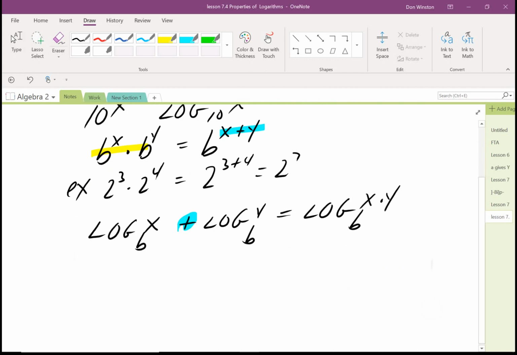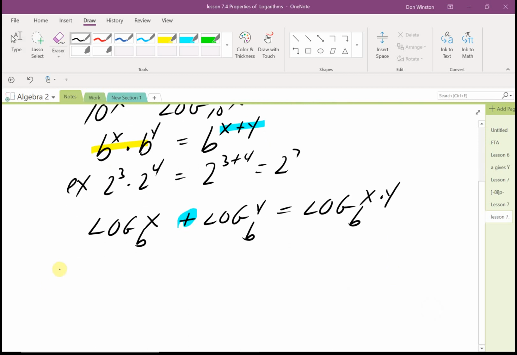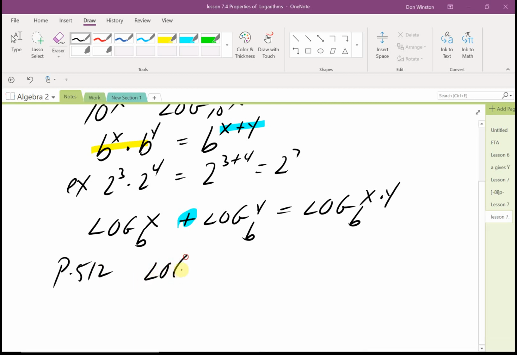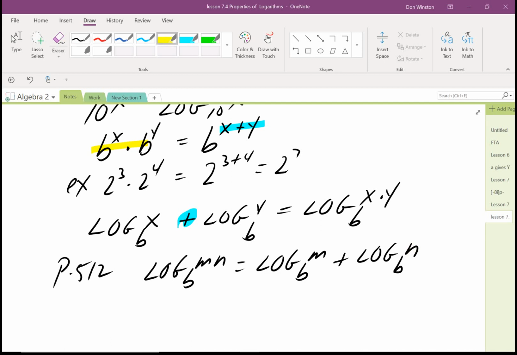Okay? So we have this property, which is on page 5112, and it says that log base b of m times n is equal to log base b of m plus log base b of n. So notice again, multiplication ends up involving addition, just like we had with exponents.